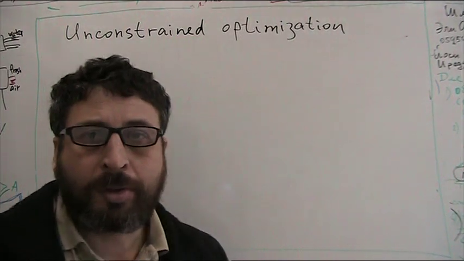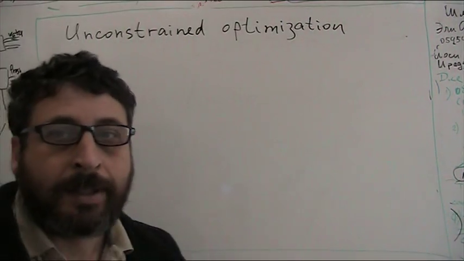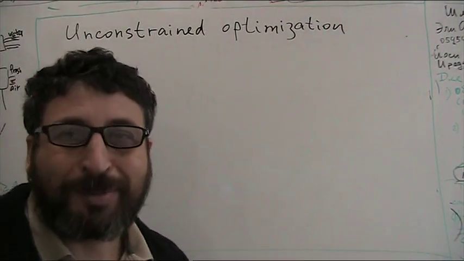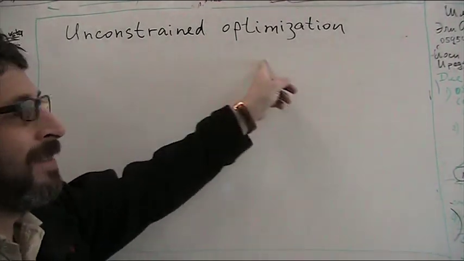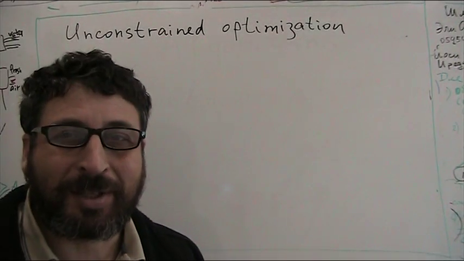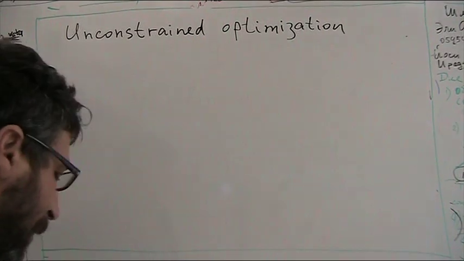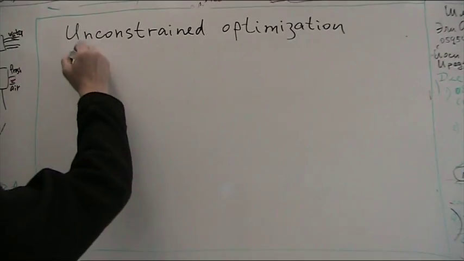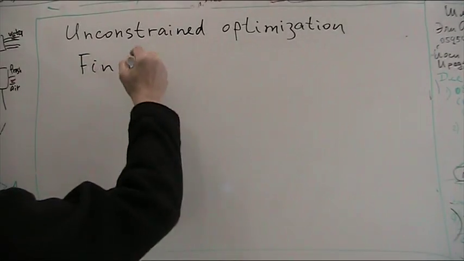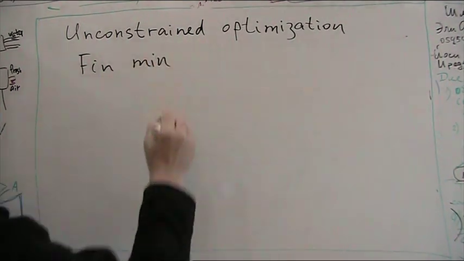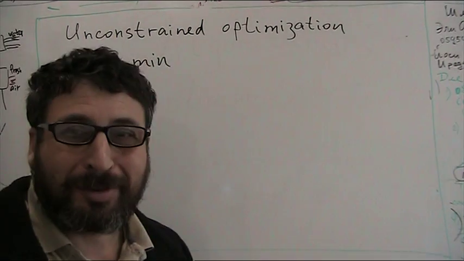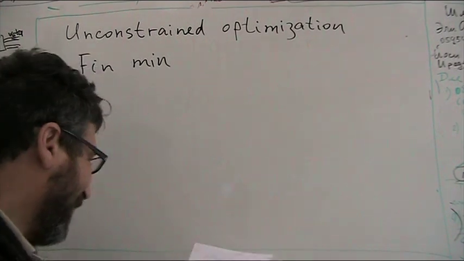In our course we will consider two types of problems. First, unconstrained optimization problems. Find the minimum of a function of several variables.